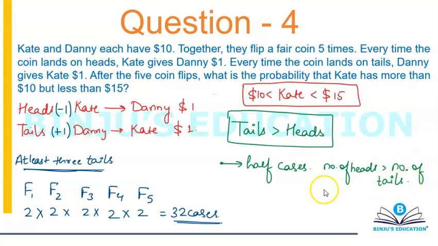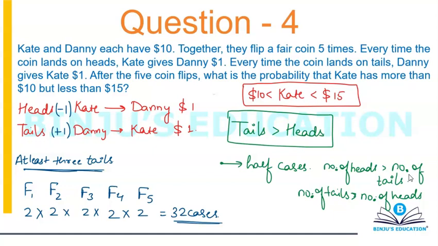And for the remaining half of the cases, the number of tails will be more than the number of heads, because you're going to get a symmetrical number of cases for both of them, right?